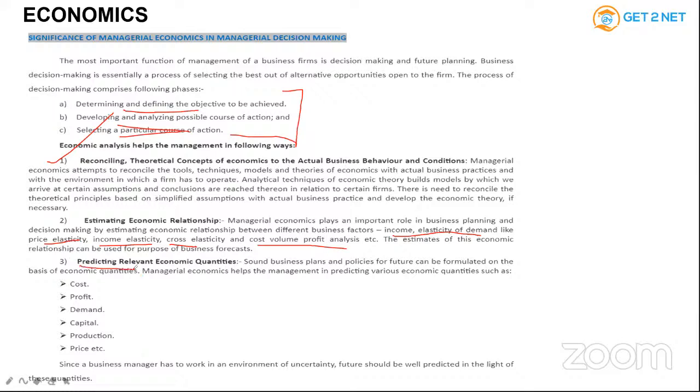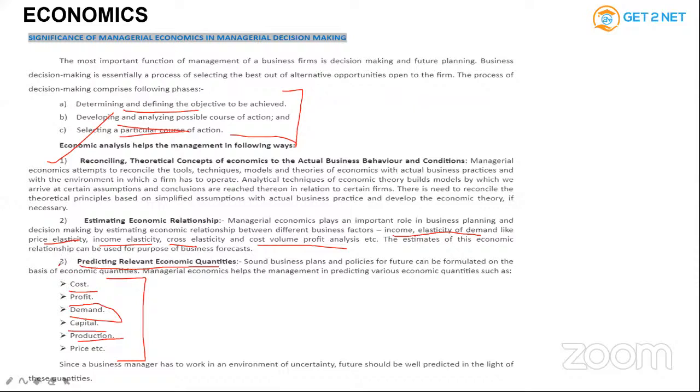Next, predicting relevant economic quantities. Again, very important. If we cannot predict economic quantities properly, we will fall short on demand. When we cannot predict demand properly, then the investment in capital, the production, the price, the cost and profit, everything will fail.